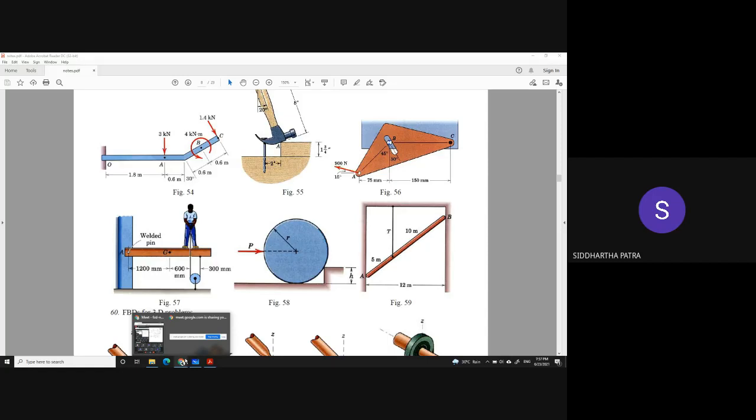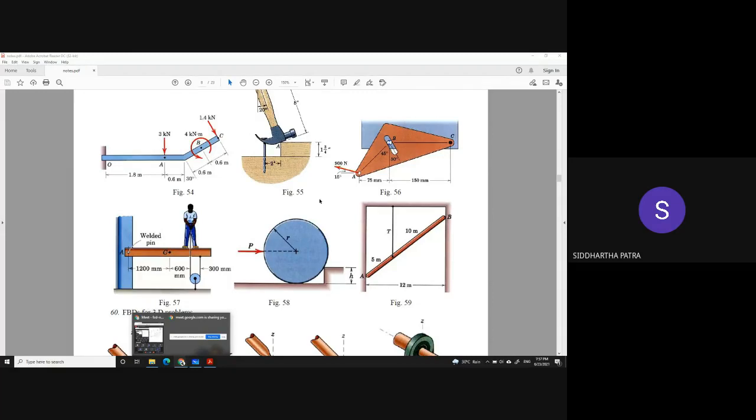Next week I'm targeting to cover structures, and in structures we will be only solving frames. So for 1 hour on Monday, we can also have our doubt clearing session. After that we will move to structures, and Wednesday also we'll probably be continuing that.